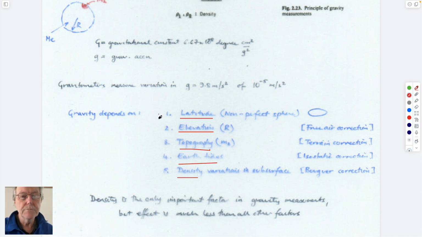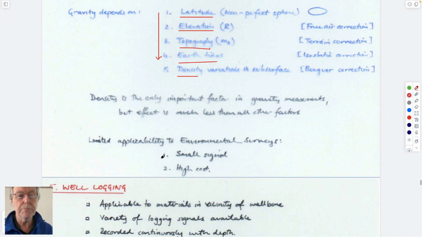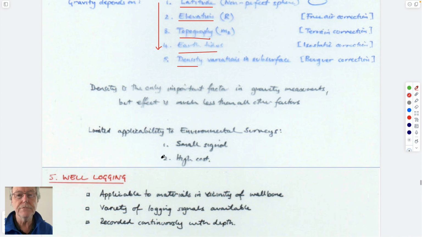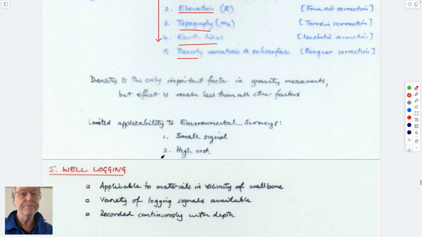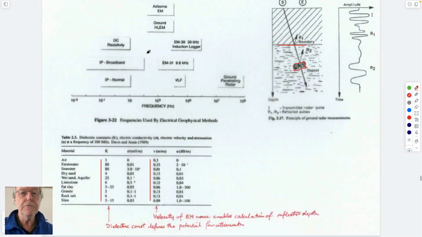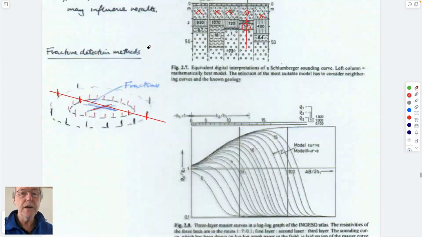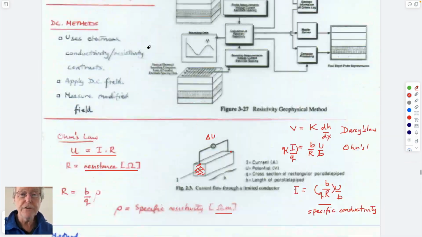But these other four confounding factors have a big influence, almost as much as the signal you're measuring, and it tends to not be a very precise way of measuring. It's a difficult measurement to make.